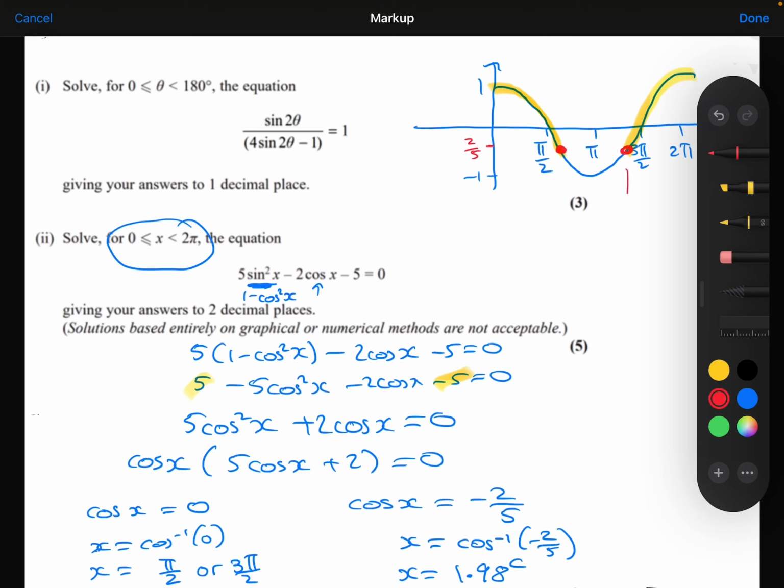So to get this answer here, I need to do 2 pi minus 1.98, which gives me 4.71.